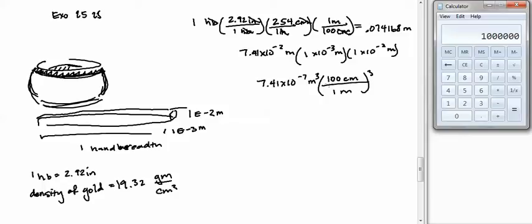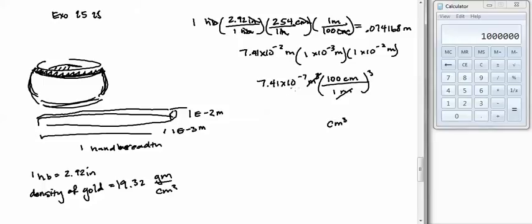And so essentially the meters cubed will cancel out with the meters cubed. The solution is going to be in centimeters cubed, and I'm essentially multiplying this by 1 times 10 to the 6th power. That's what that 100 is all about.